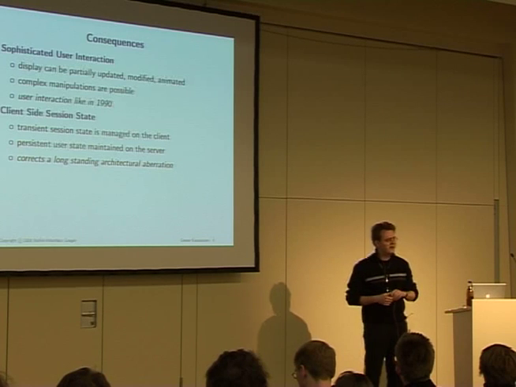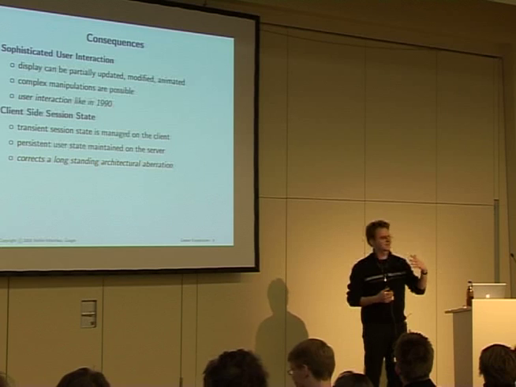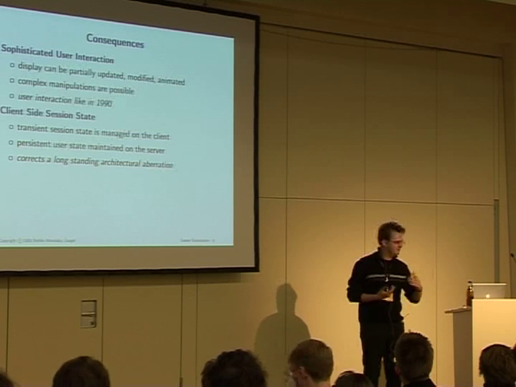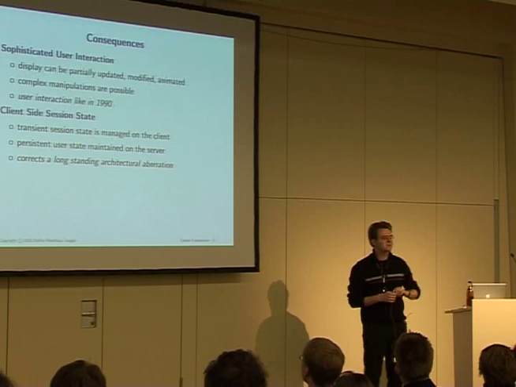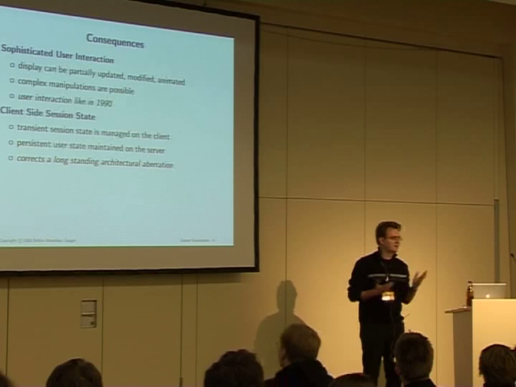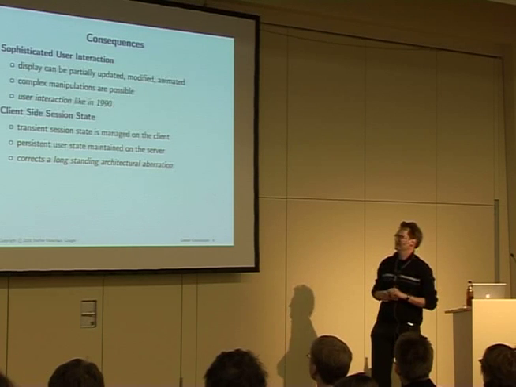And we can also make quite complex user interactions. In the early web, we could only click on buttons and click on links, that was all. And now something like drag and drop becomes possible, or some complex things like tree widgets. Something like that is now much easier than it used to be.